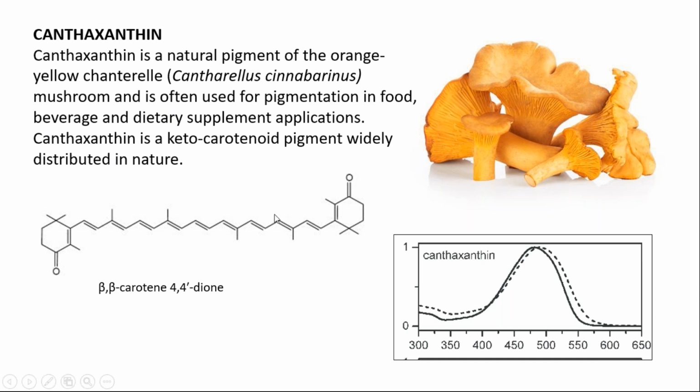Like the other carotenoids, it has alternating units of conjugated polyene, allowing it to absorb light, and it has the dione part, so it is a keto carotenoid. This is its absorption spectrum. The absorption maxima is around 480 nanometers, and therefore it appears more on the orange side.